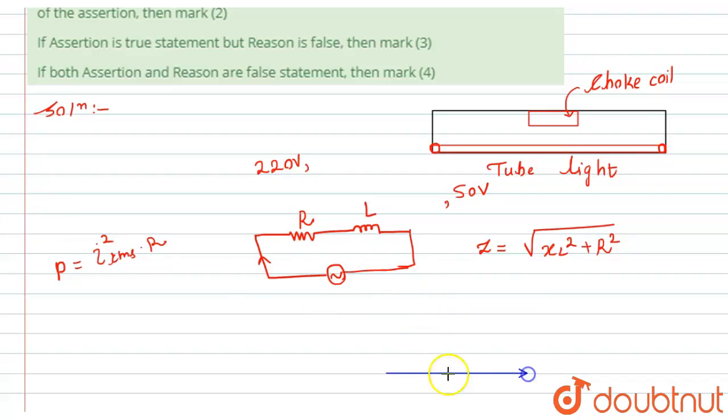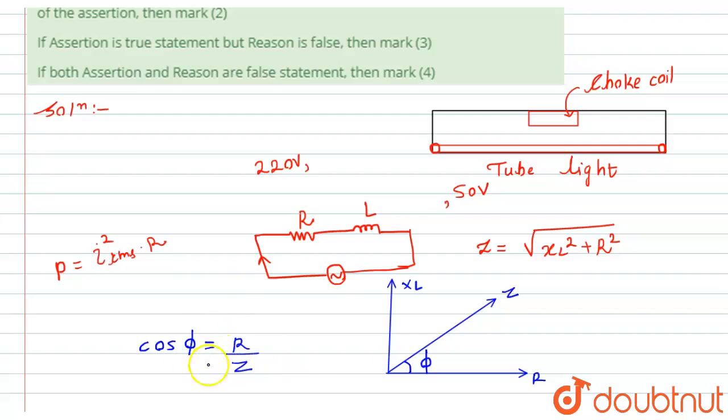This is R, this is XL, this is the impedance Z, and the angle between Z and R is phi. Cos phi is the power factor of the circuit, and it is given by cos phi = R/Z.